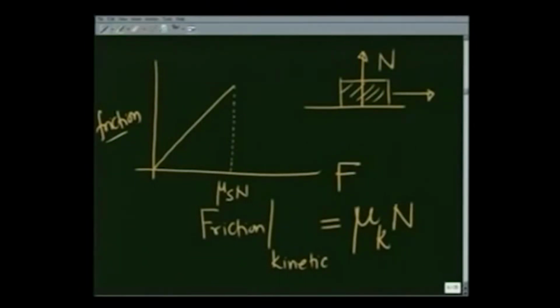And as the body starts to move, the force drops a bit, but then is a constant. This is equal to mu k N. This point obviously is mu s N. Let me redraw it for clarity.